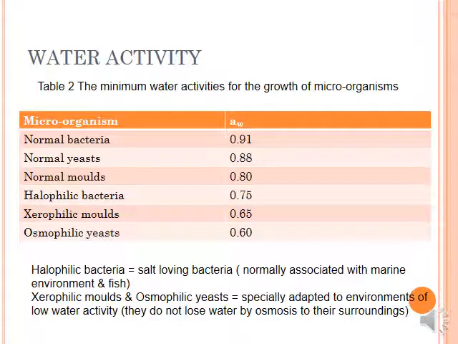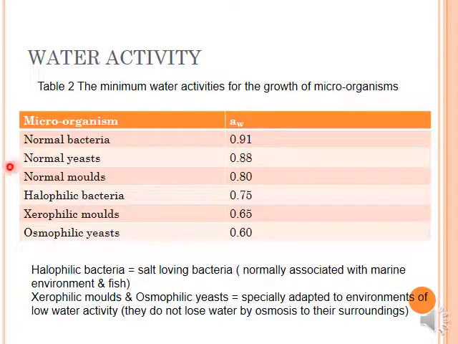This table shows different types of microorganisms and the water activity values where they are very active. For example, normal bacteria will likely grow in food having high water activity.